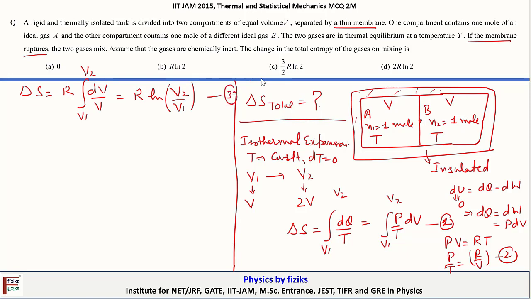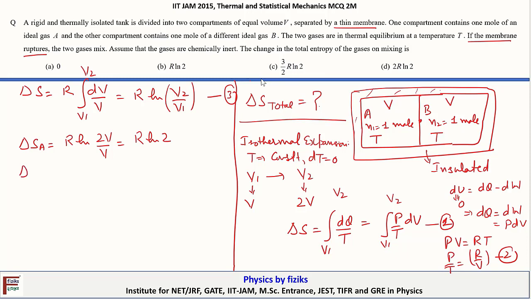Now we will apply equation 3 for the individual gas and determine the corresponding entropy change for each. Let's say delta S A is the entropy change for gas A. That is equal to R ln V2 by V1. V2 is how much? It's 2V. So R ln 2V upon V, that's nothing but R ln 2.